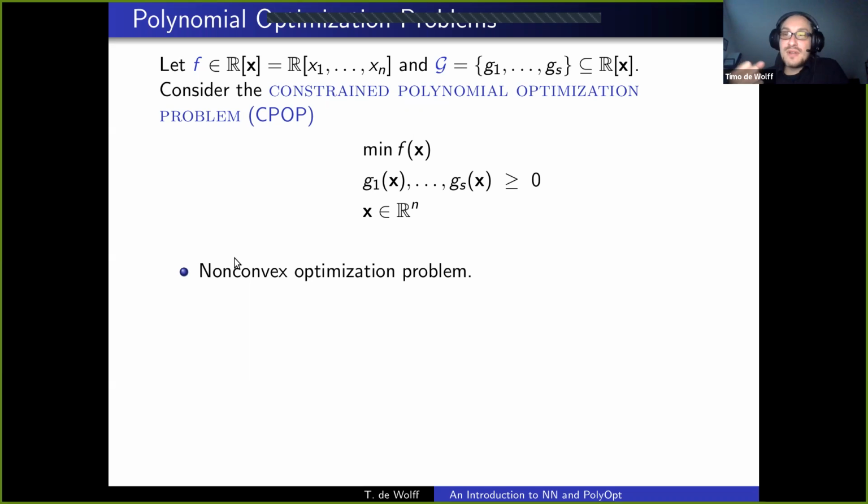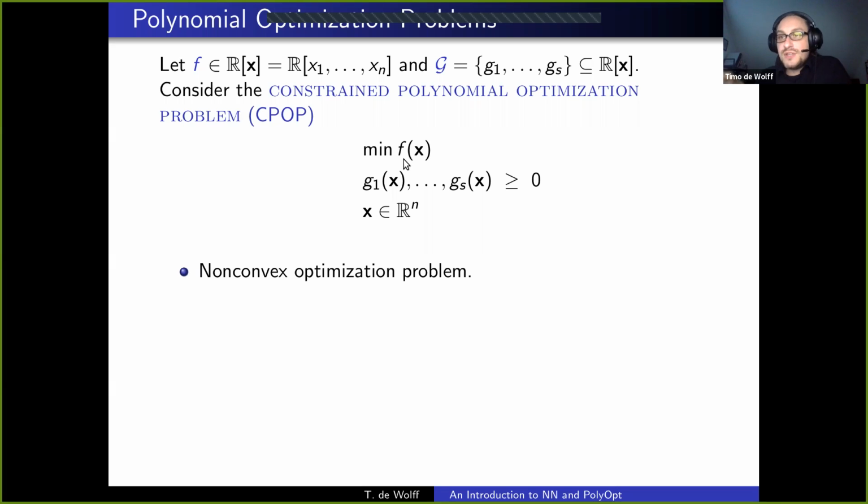Generally, if we do optimization, we very much like convex problems. First of all, because local minima are global minima. There's just one minimum to look at. We have nice properties about duality. There are very effective ways to solve these problems, etc. So convexity is very nice and desirable, but unfortunately, our problems are non-convex.